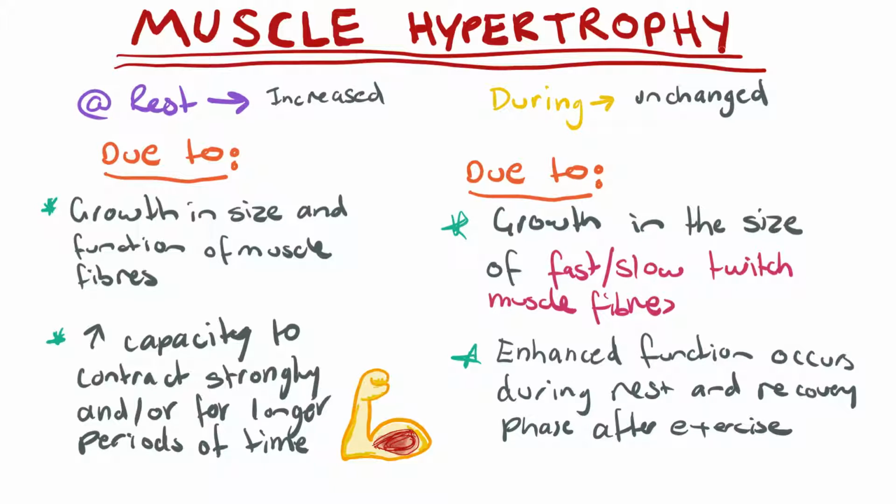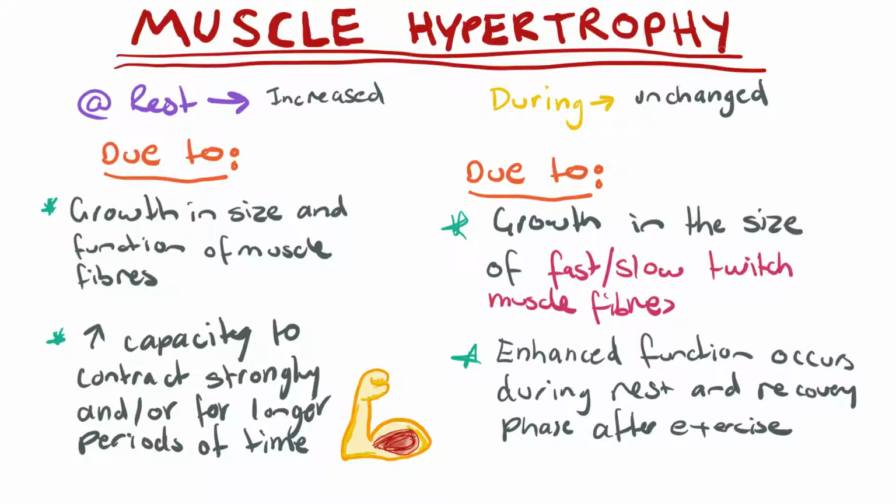So when we actually work out during training, we're obviously training our muscles to be more efficient, but in relation to our muscles actually growing, this happens in the rest stage when the muscles are actually repairing, and we're using proteins to repair and help grow the muscles. That actually happens outside of the activity.